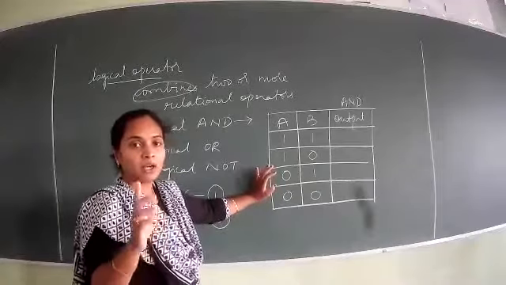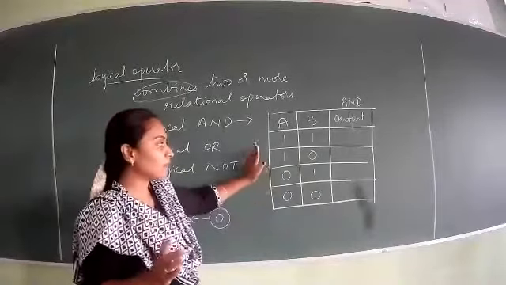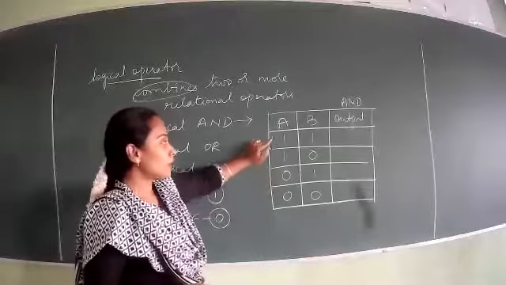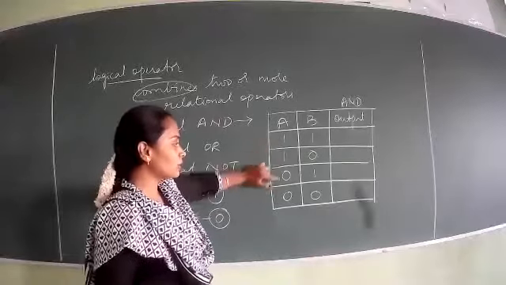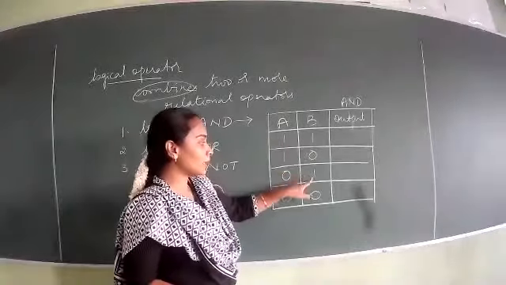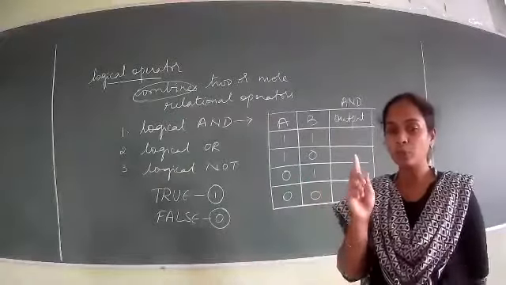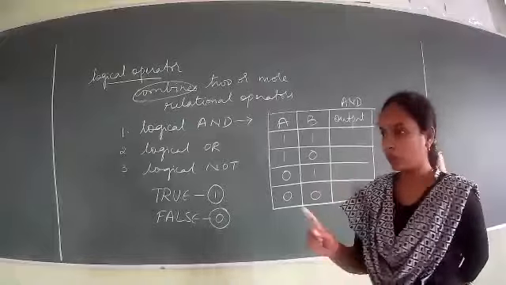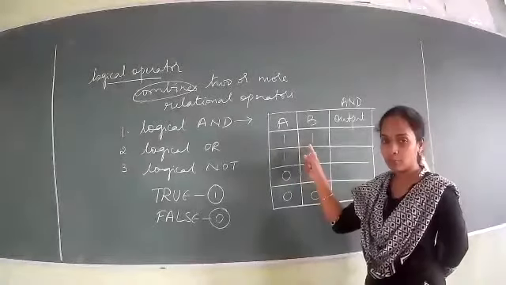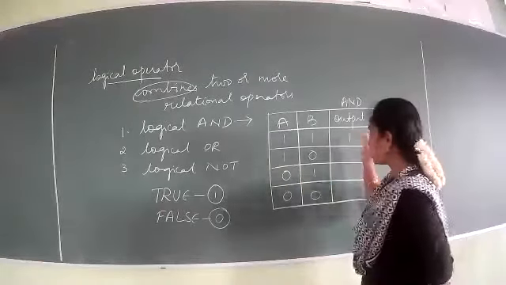The same way, logical operators work on this binary system. So I have taken 1, 1, 0, 0, 1, 0, 1, 0. The AND operator works in this way: only when both the inputs are true, the output will be true.